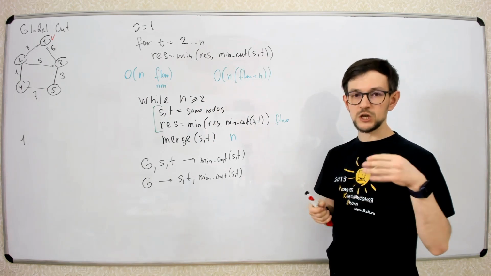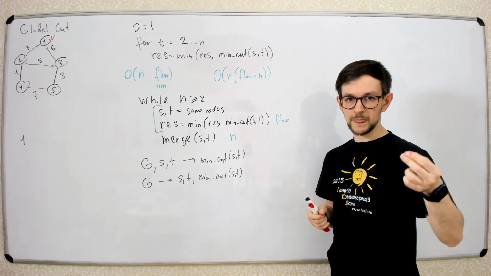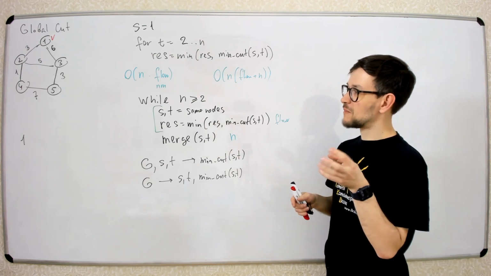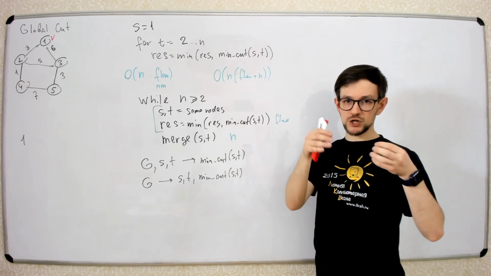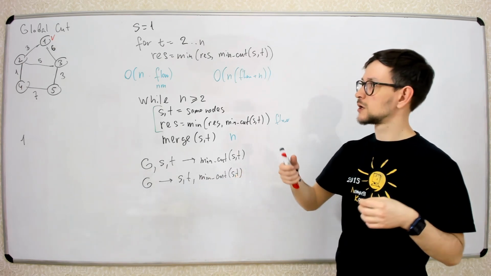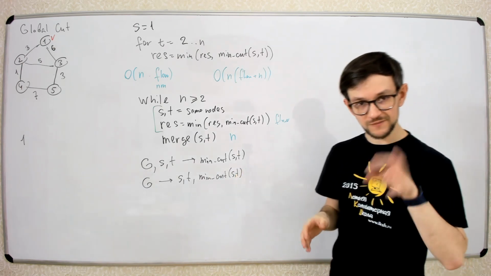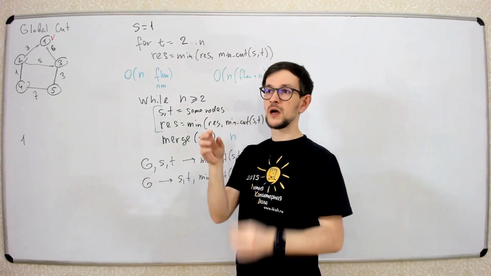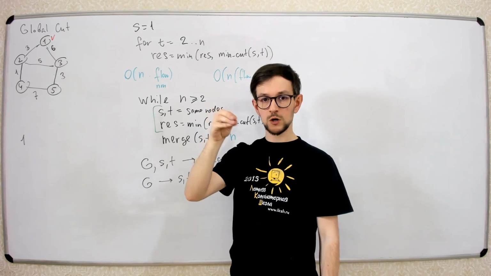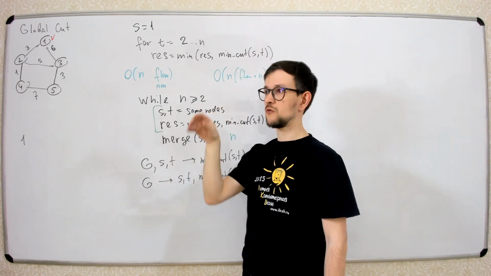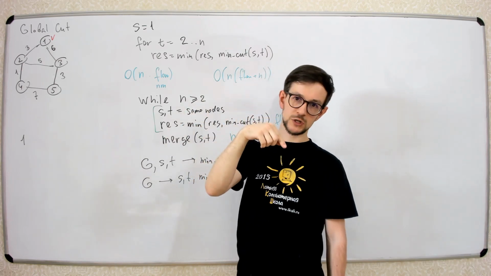Now, each time we will mark a node which has the maximal total weight of the edges from this node to all the previously marked nodes. What does it mean? Let's look at all unmarked nodes. For each node, we will calculate the total sum of weights of all the edges from this node to all previously marked nodes.